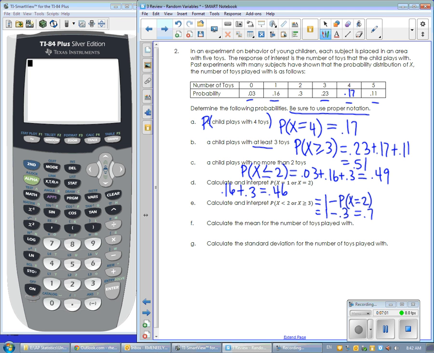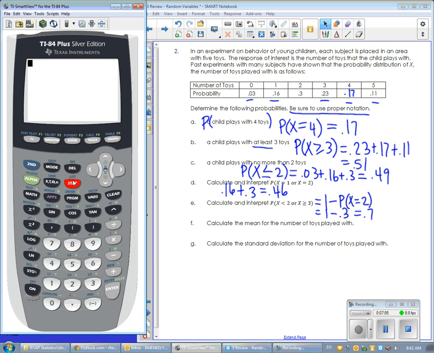Letter F is asking us to calculate the mean, and G is asking us to calculate the standard deviation. You do not have to go through the long process here. You can simply use the lists on your calculator to do this. So I would enter in 0, 1, 2, 3, 4, and 5.